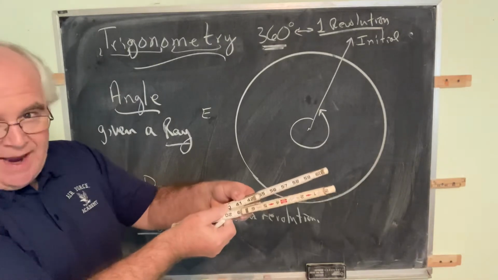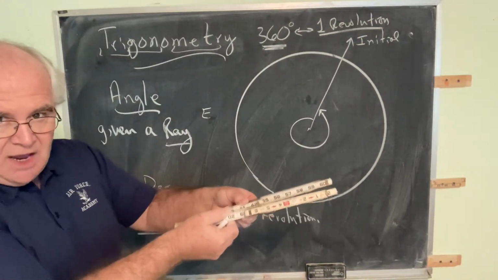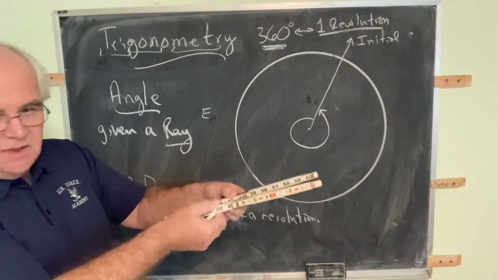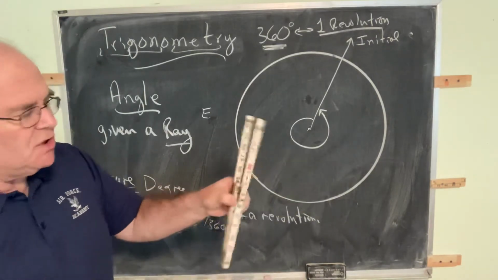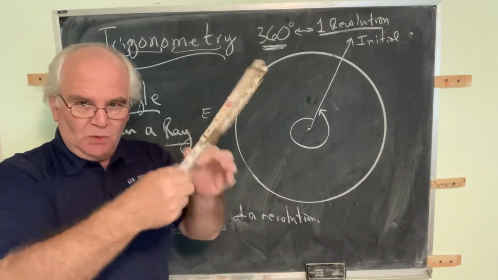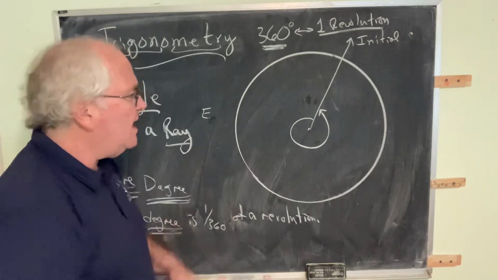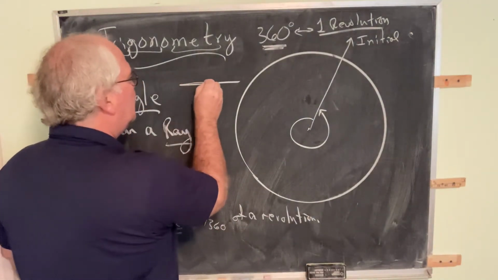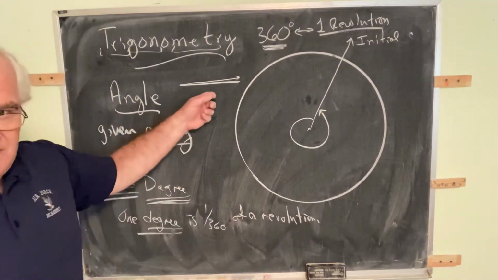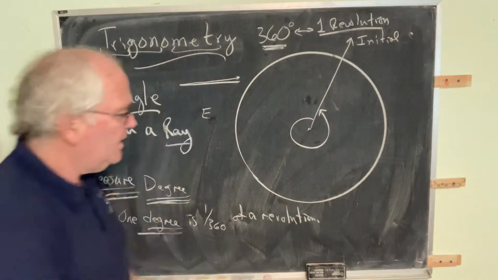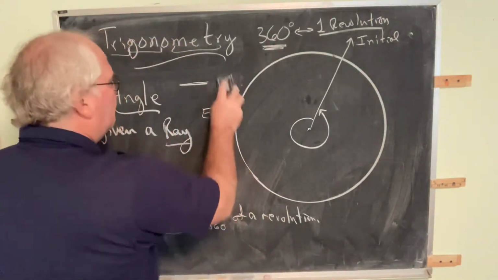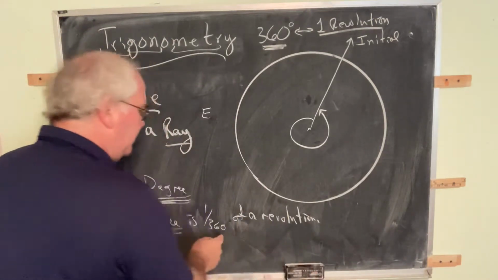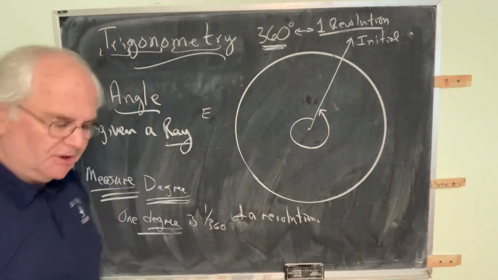It is a very small angle. In fact, it's much smaller than what I have indicated here. A 1 degree angle is extremely small. In fact, it's so small that the thickness of my little ruler here is insufficient to show it. And any picture I draw is almost certainly not going to be sufficient. So 1 degree is a very small value, but it is 1/360th of a complete revolution. All right?